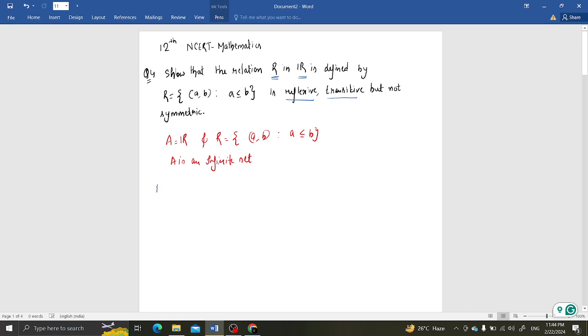Okay, so start with reflexive. For reflexive, recall the reflexive property.